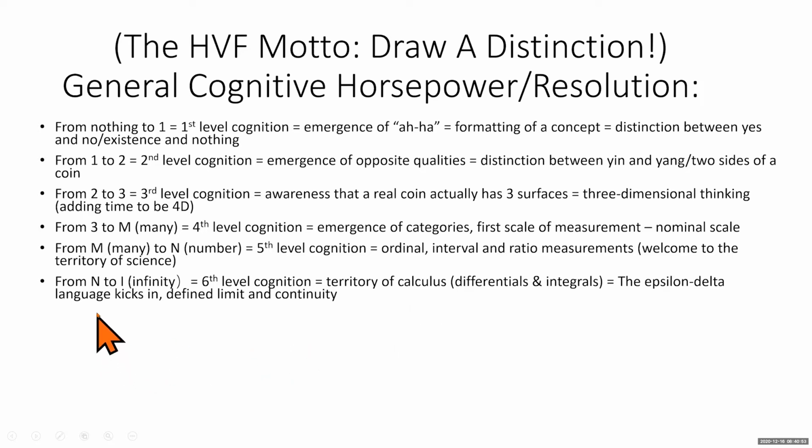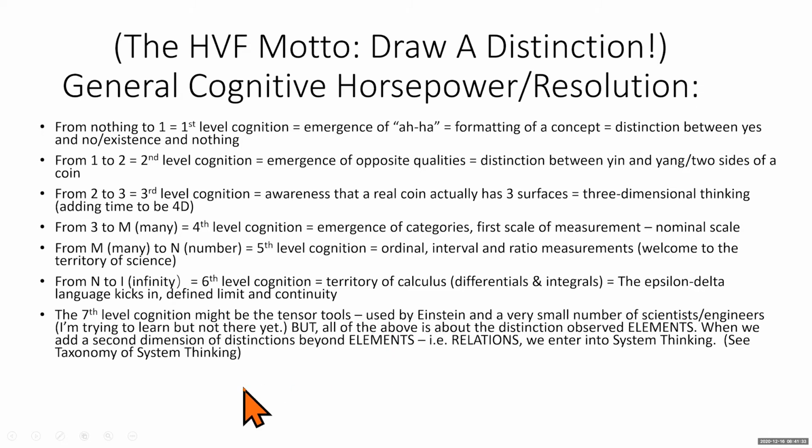And the next level is from N number to infinity. And here, what I call sixth level cognition is the territory of calculus. You start paying attention to differentials and integrals, you start using epsilon-delta language, and you perceive the limit and the continuity very precisely, with the help of course of the early pioneer mathematicians.